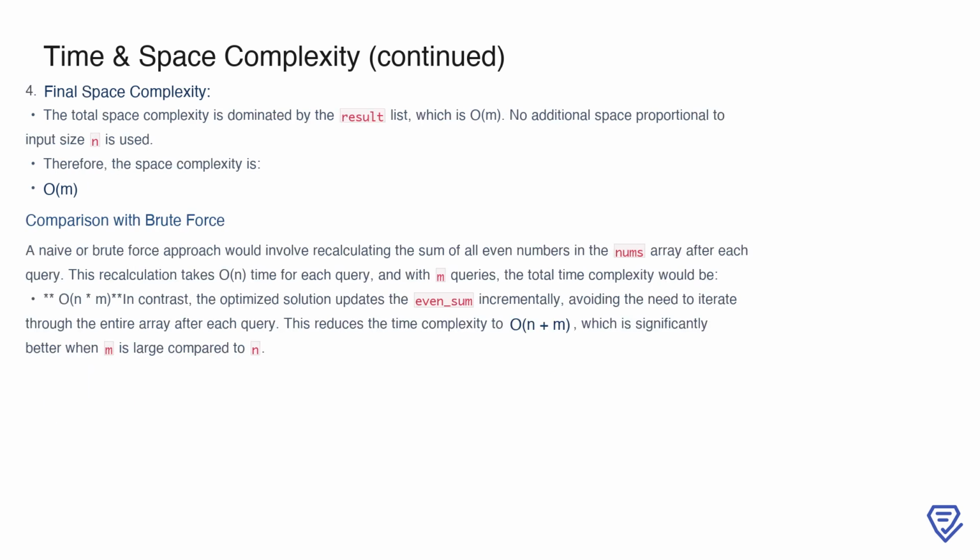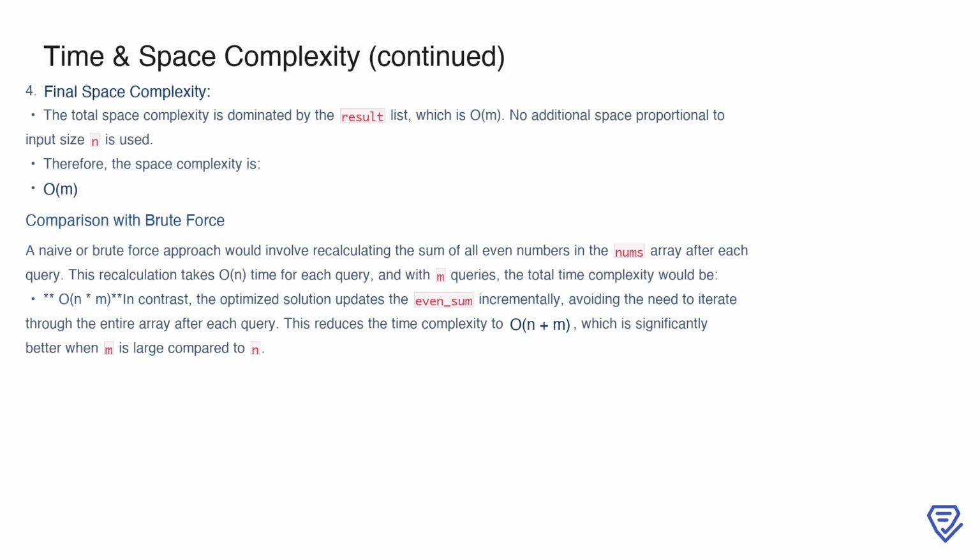The total space complexity of the solution is primarily determined by the result list, which grows linearly with the number of queries, resulting in m space usage. Importantly, the algorithm does not use any additional space proportional to the size of the input array nums. Hence, the overall space complexity is m.